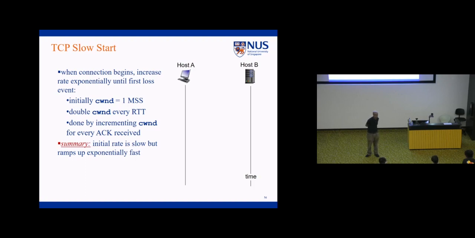And when we were doing go back n, selective repeat, we counted in terms of packets, right? 3 packets, 4 packets. But remember, TCP counts everything in bytes. So this CWND is also specified in bytes.